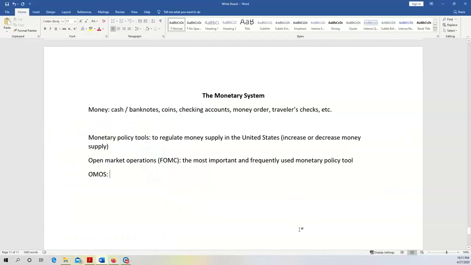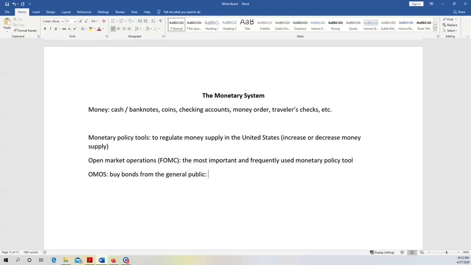So for example, with open market operations, the Federal Open Market Committee, FOMC, is going to buy bonds from the general public. If the Federal Reserve buys bonds from the general public, remember the price for a bond is not free.